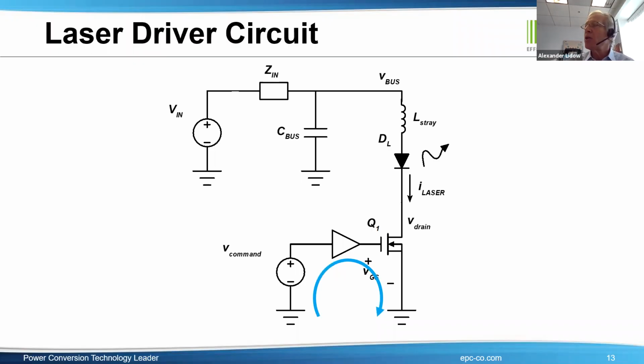And when you turn on Q1, as you see there, then you can discharge the bus capacitor through the laser and it emits light. Very simple. When the bus capacitor is depleted, the current goes away and you can take away the signal. So in this case, and this is called a resonant circuit, all you've had to do is very quickly discharge the bus capacitor through the laser and you get a very short pulse.